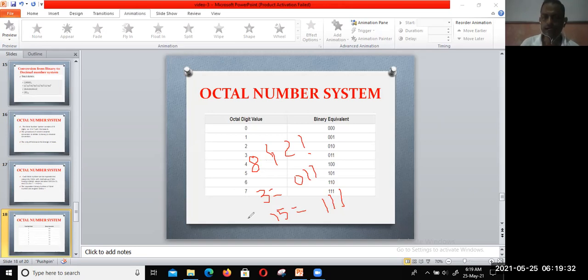So this is decimal to binary number. We can also use the division method, which we use in the decimal to binary number system. I hope it is clear how we convert binary to decimal, decimal to binary, and octal to binary.